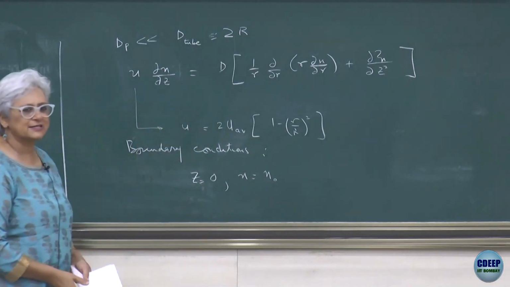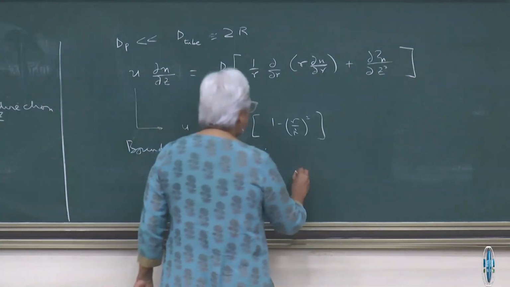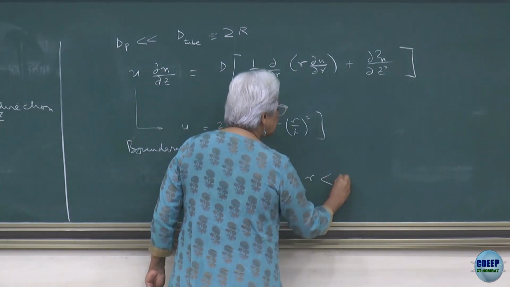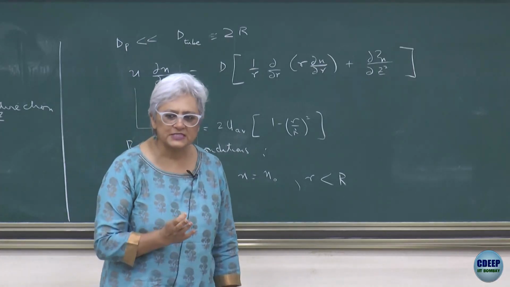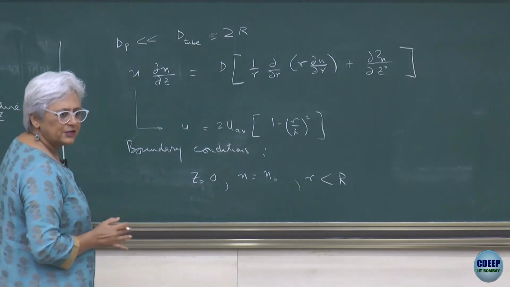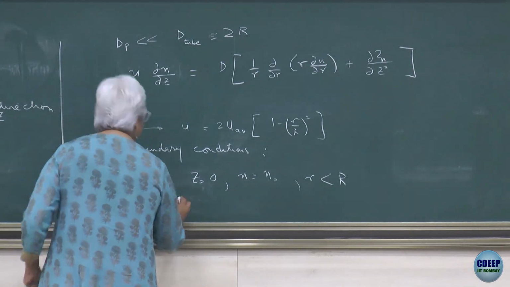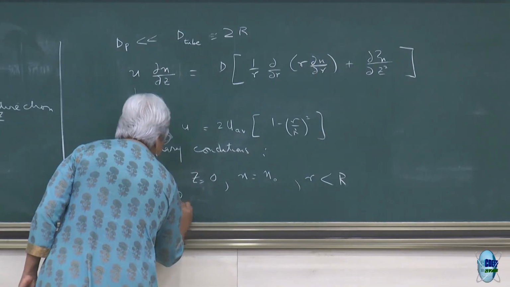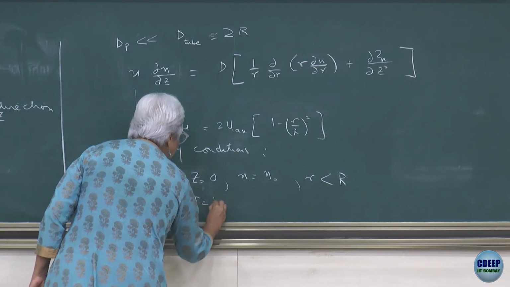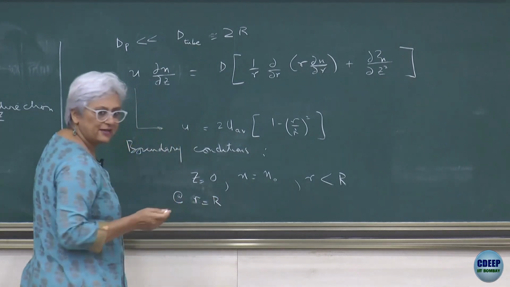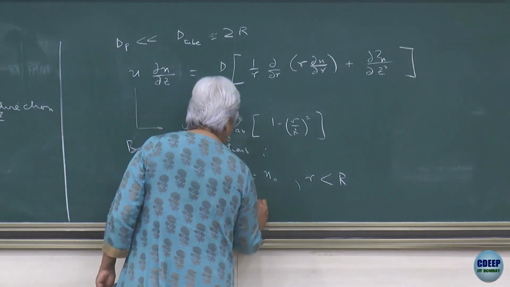We can write it as n naught, sometimes we have written it as n infinity, for all r away from the wall. The moment you step slightly away from the wall, you have a constant concentration, and at the wall, you have a perfect sink. So, you will have 0 concentration.